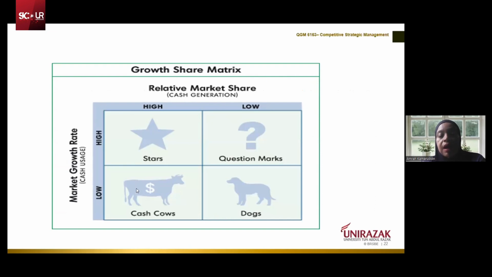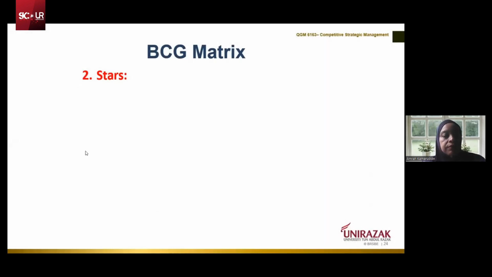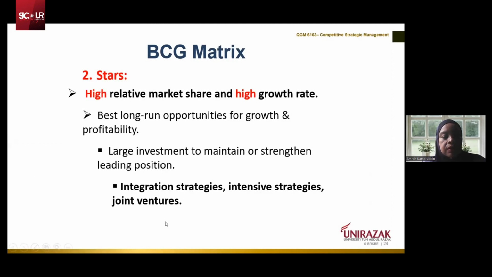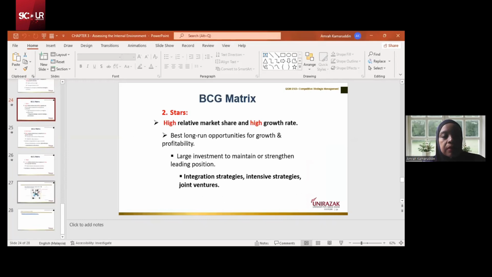So the cash cow, for example, has low growth but very high market share. So how do you need to put it? By looking at this example, I give you an example of Apple, if I'm not mistaken. I think I have this one.